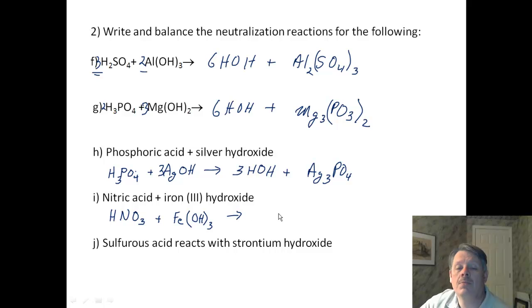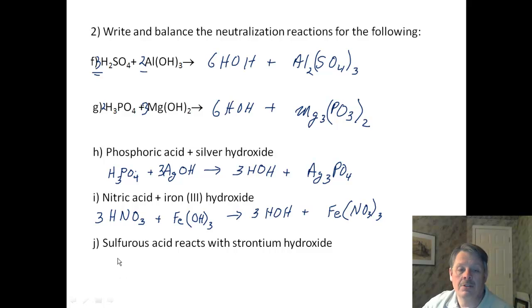All right, so we're going to come up with HOH. We have to have 3 of them because we have 3 hydroxide ions. And the other thing we're going to have on this side is iron, and we're going to have nitrate. Now, iron has a +3 charge, so that means I need 3 nitrates. So that means I need 3 hydrogens and 3 nitric acids, and I am now balanced.